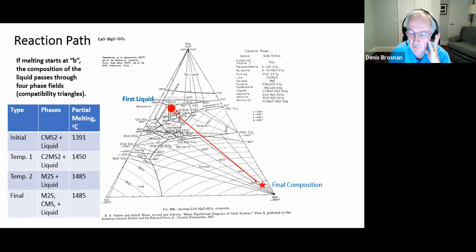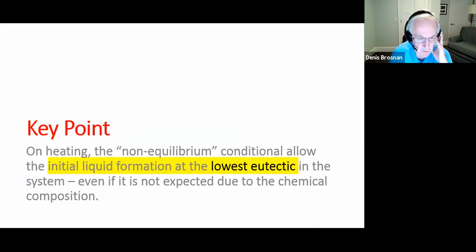We get what we're calling transient liquids. We're going to call them transient, temporary liquids that may not be present because in the final composition, nothing should be liquid below 1485 without other fluxes being present. But we can start melting at 1391. So that leads us to our interesting key point.